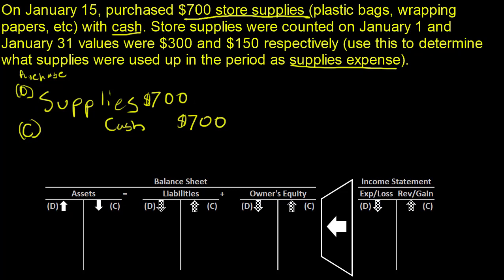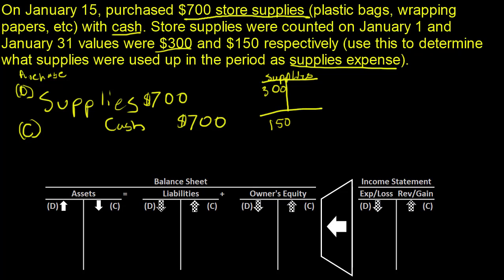The other part of this journal entry has values in our supplies. So the supplies were at a value of $300 at the beginning of the period. So let's just do a T account just for supplies. It started off with $300 in it, and it ended with $150.